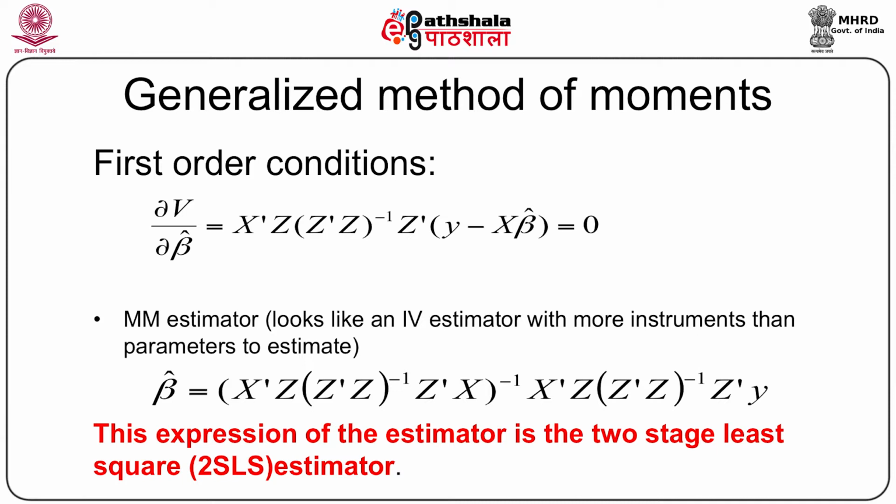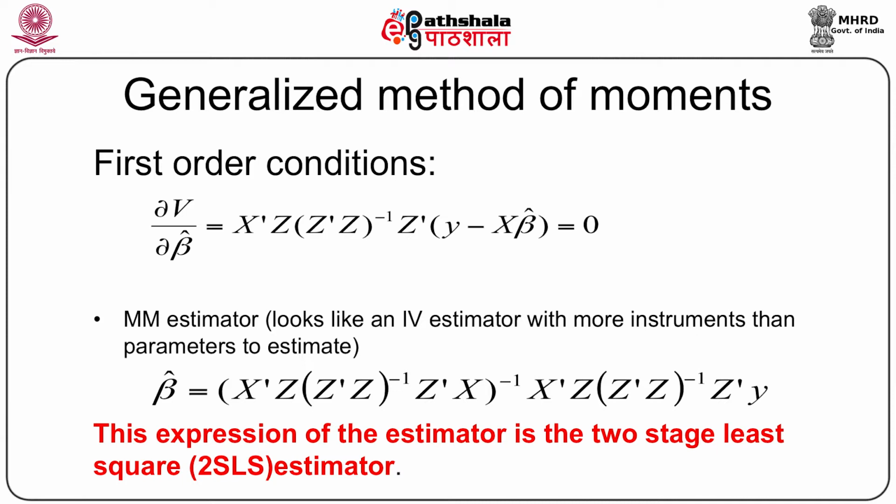That is, most of the estimators can be interpreted as GMM estimators, and we have already seen that OLS can be interpreted as GMM, and the instrumental variable estimator can be interpreted as GMM, in the case where the number of instruments is the same as the number of parameters to be estimated.